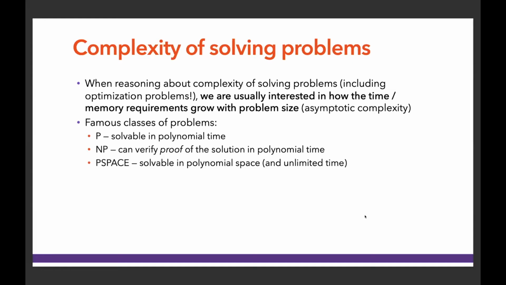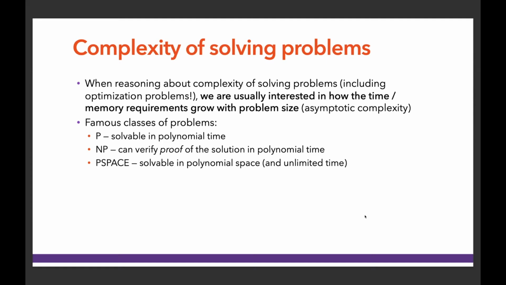Our famous classes of problems are P, problems that are solvable in polynomial time, something like max flow min cut. Then we have the NP class of problems where we can verify the proof of the solution in polynomial time. So famously, integer factoring is in NP because you can just take the two factors and multiply them to check that the solution is correct.